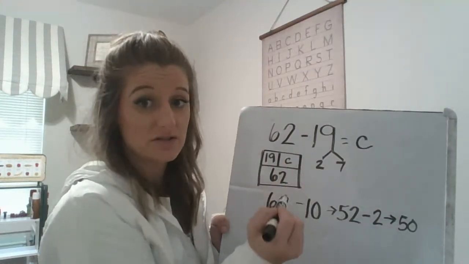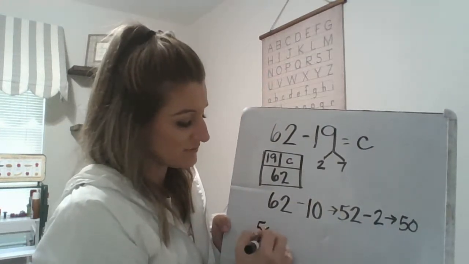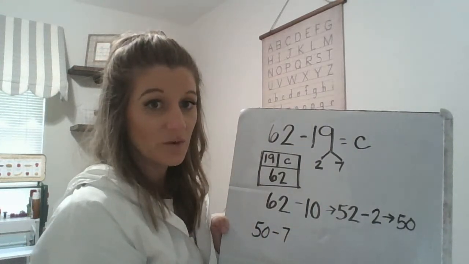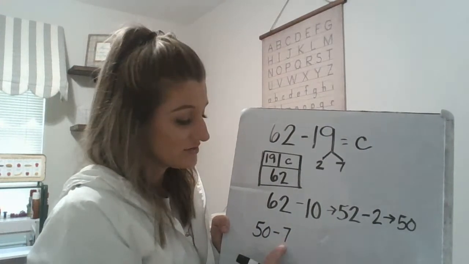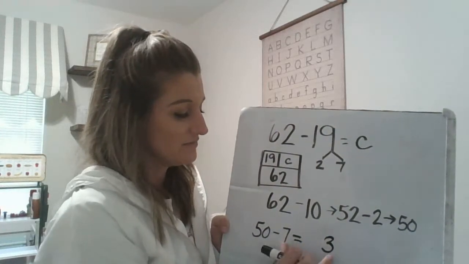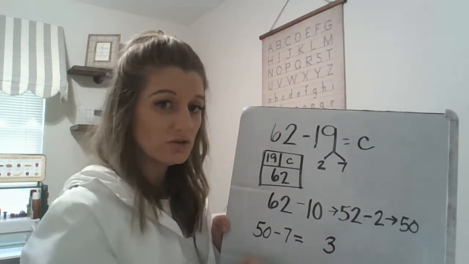You can always work it backwards. So now I'm still needing to take away 7. So I had 50. I'm just going to rewrite that down here. I'm going to take away 7. What is my tens friends? 7 and 3. But do I still have 5 tens? No, I just used that last 10.